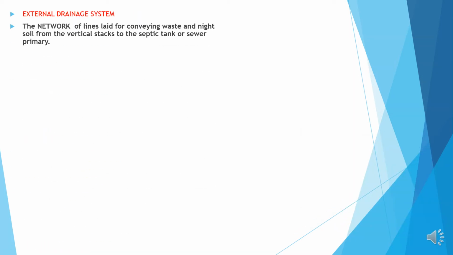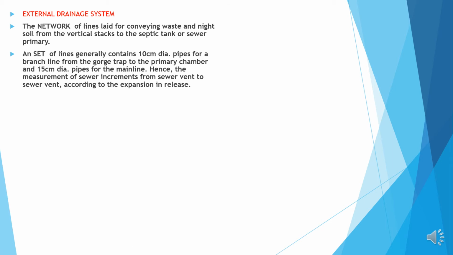External drainage system: the network of lines laid for conveying waste and soil from the vertical stacks to the septic tank or the primary sewerage line. The set of lines generally contains 10 centimeter diameter pipes for a branch line from the gully trap to the primary chamber and 15 centimeter diameter pipes for the main line.